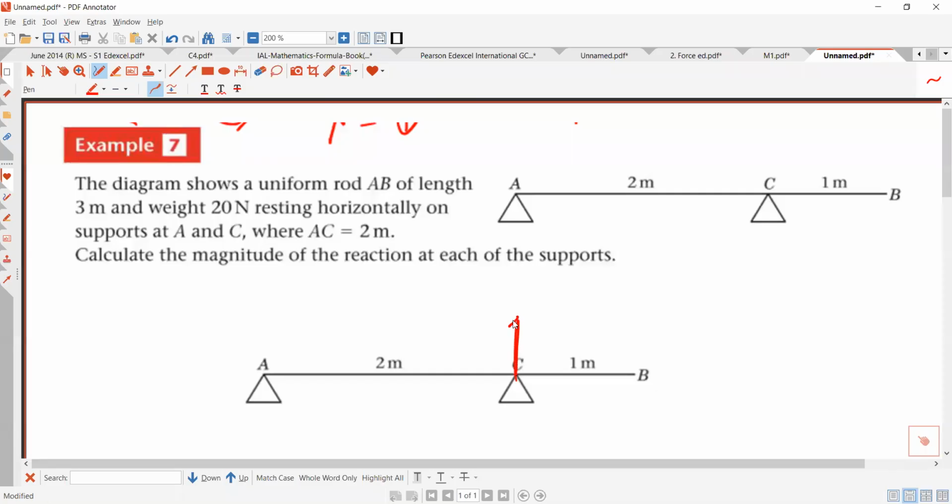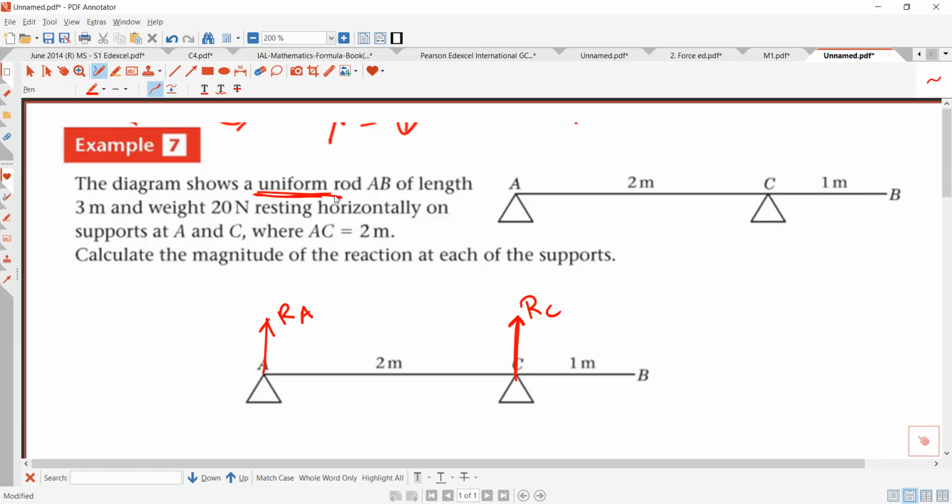The reaction always applies an upward force. This is reaction RC, and the reaction applying over here is RA. RC and RA are the reaction force from pivot C and the reaction force from pivot A. Now it's a 3 meter uniform rod.